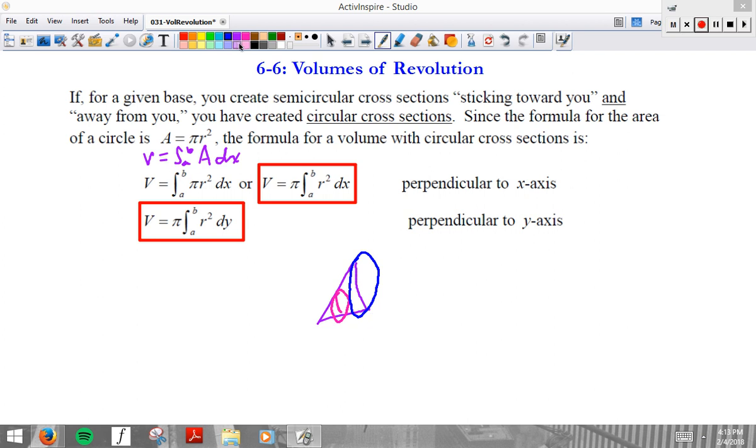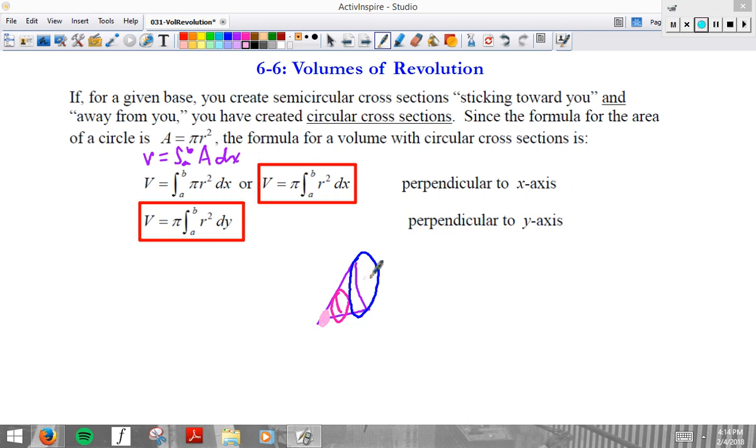It's hard to visualize, but what you would have instead of the kinds of shape we were talking about last chapter, last section, we would have something more of a regular cone, not just a half cone. Okay? That's the idea.